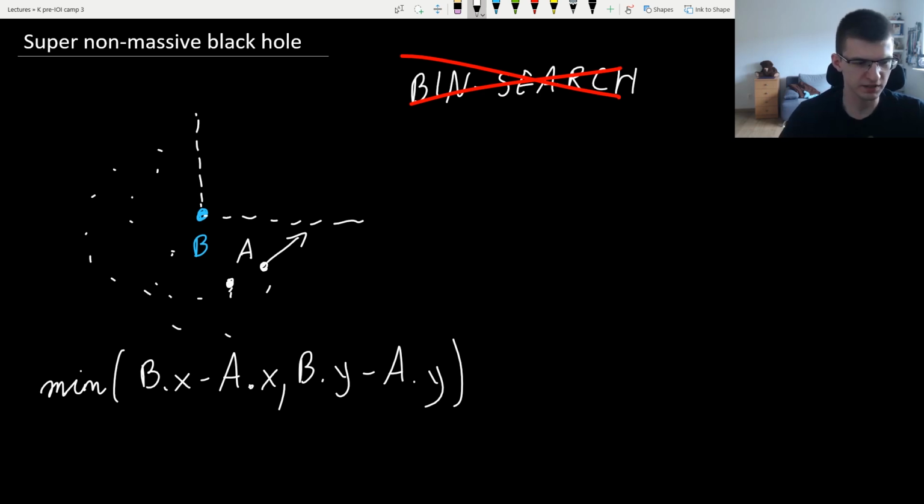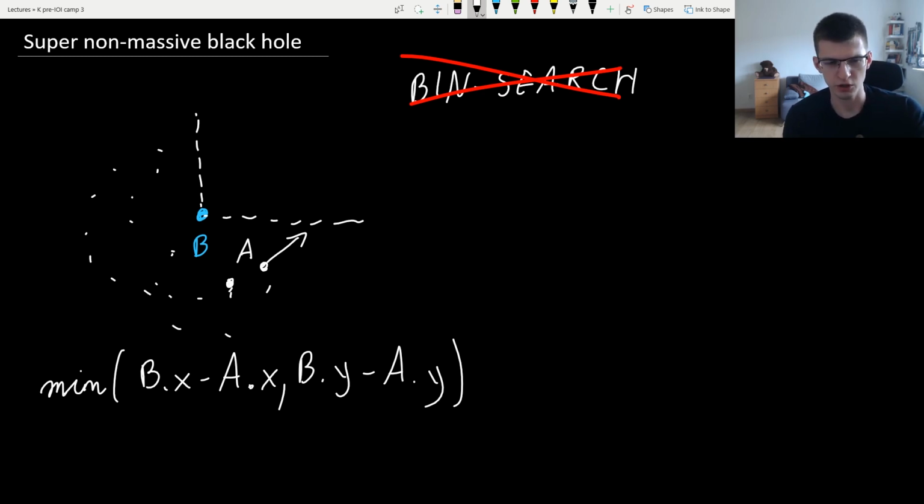Plus I can say that I'm interested in max of that with 0, because if point A is here, then I don't care. But let's skip that. Let's not think about it for now. And it's hard to speed up everything that has like those conditions.